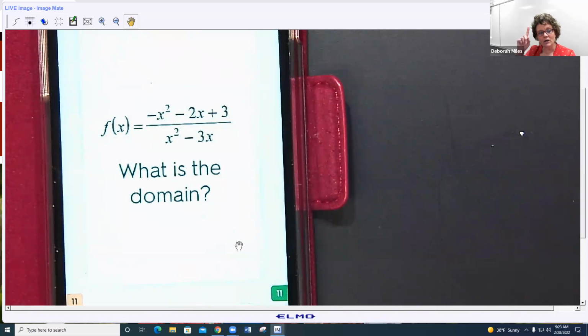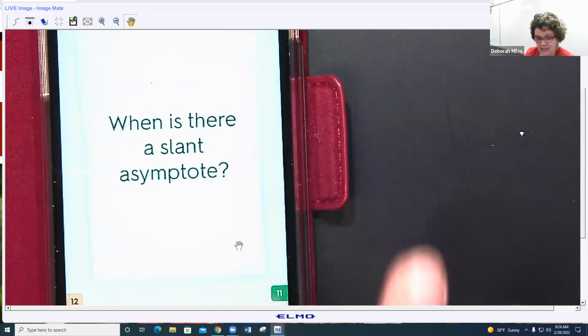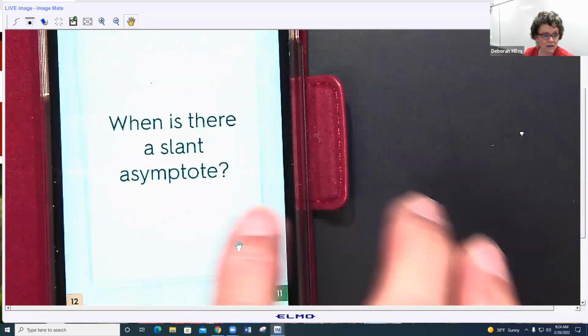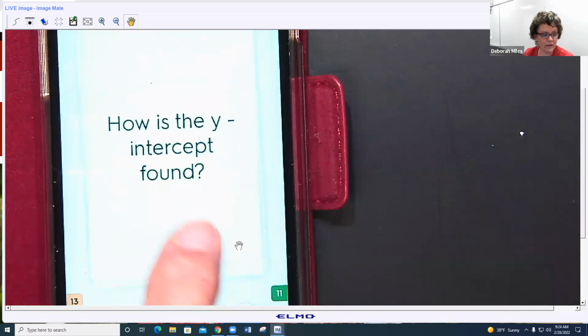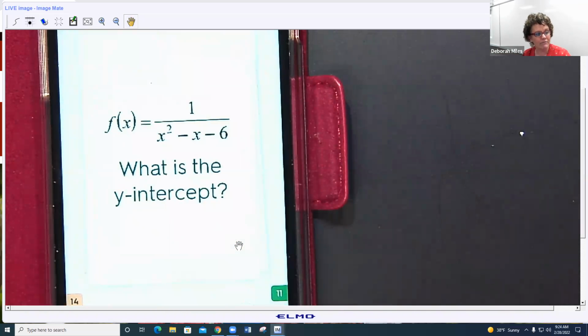If you're letting the game pace itself, you may not have time to factor that real quickly in your head, but just pause it and make sure you can find the domain. I think this stack would help you a lot with making sure you know how to find everything you have to find for rational functions. So use that, and as I find other good stacks that would help you, I'll put them in there and send you a link to them.